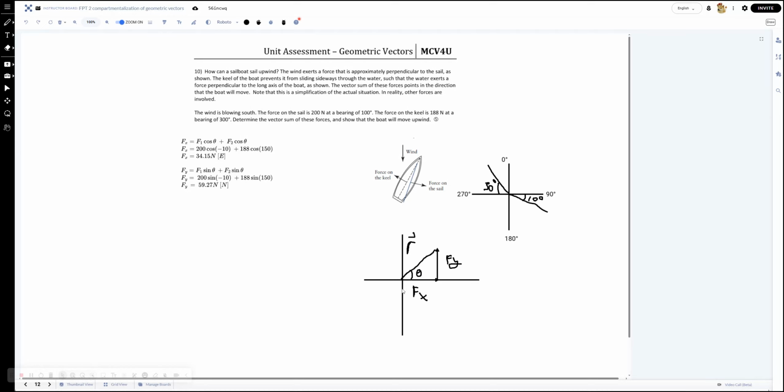So we can see that this is a right angle triangle, and that we can use the Pythagorean theorem to find the magnitude of R. So let's do that.